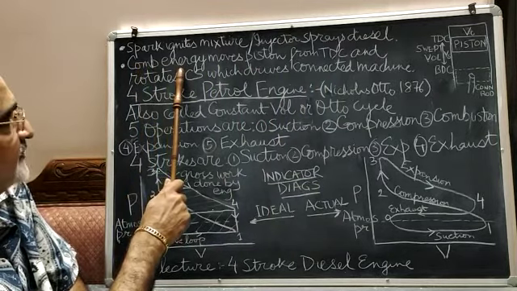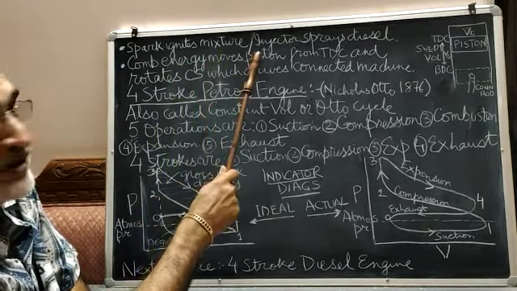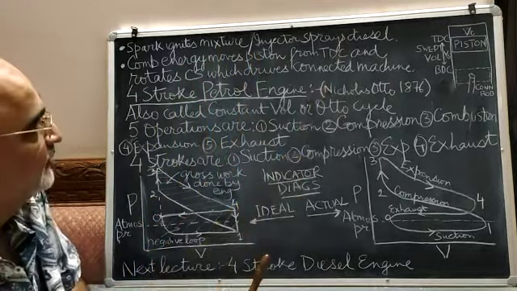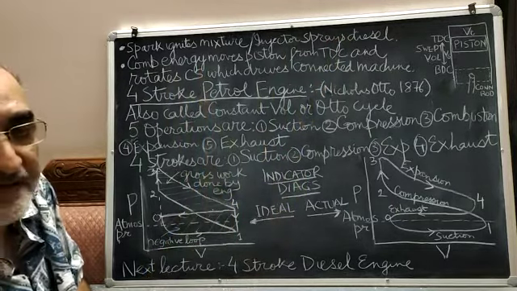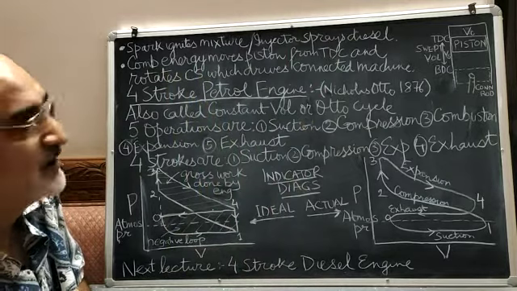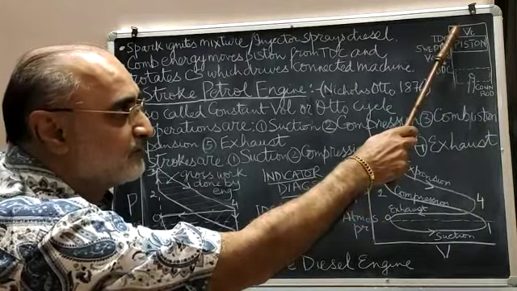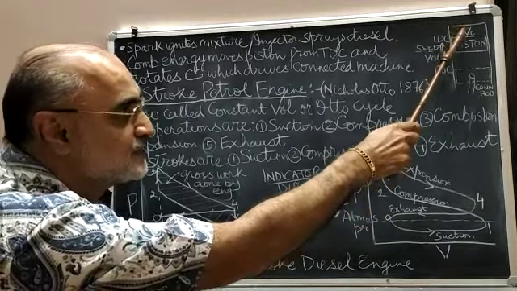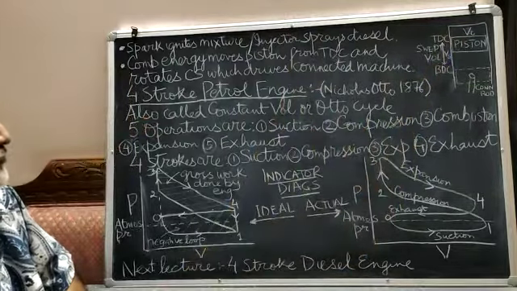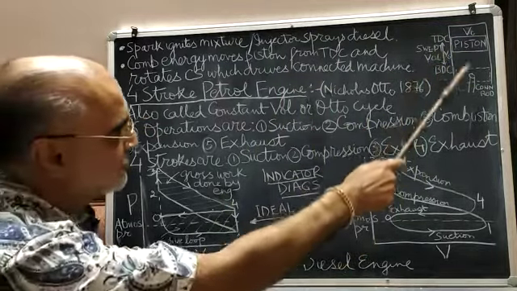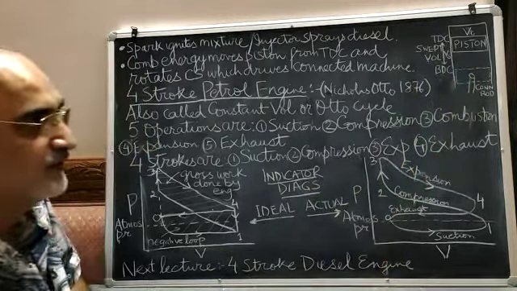Combustion energy, the next stage. Once the mixture is ignited or the diesel is ignited, a tremendous amount of energy in the form of heat and pressure is released, and that energy after burning of the fuel pushes the piston downwards from the TDC to the BDC, through the connecting rod, which is connected to the crankshaft.